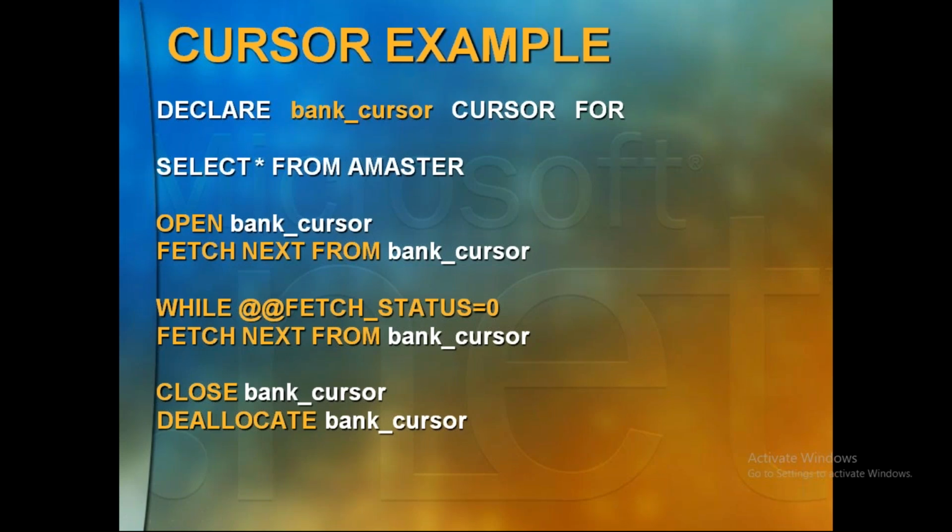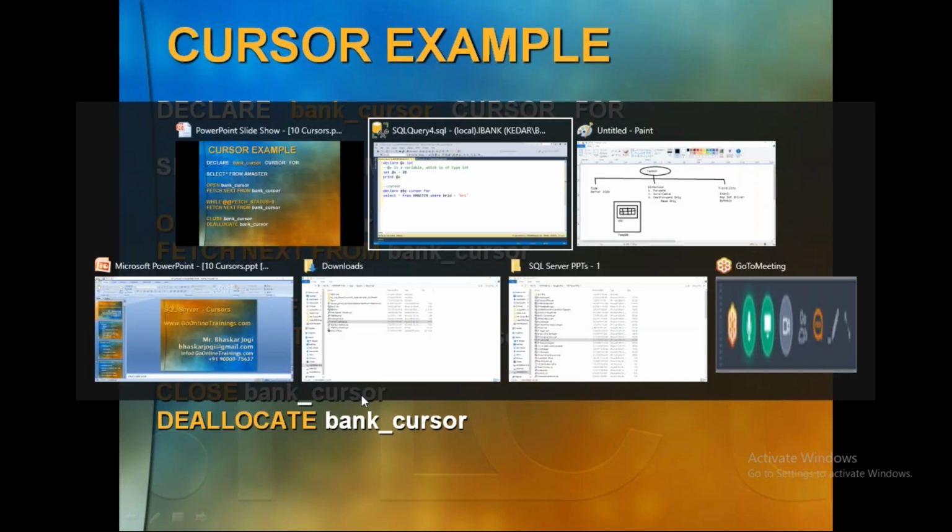Instead of that, I'm going to be using a loop. What is the meaning of that? WHILE @@FETCH_STATUS = 0. That means till end. When you write this statement, you keep on fetching row by row, row by row. After fetching everything, you close the bank cursor. That means you close that box.